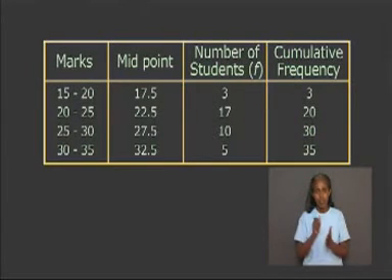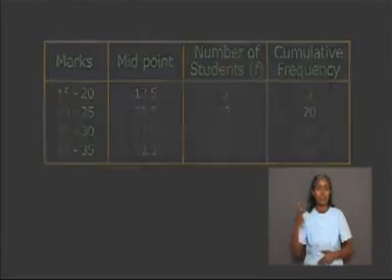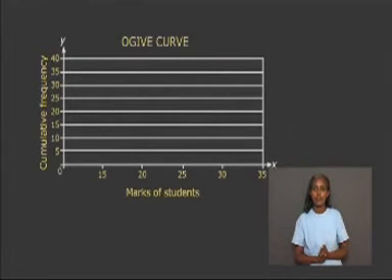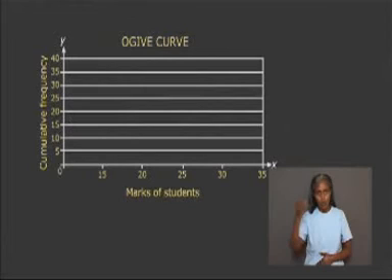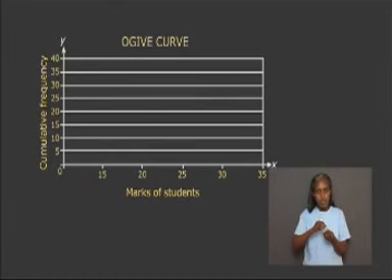For instance, we can now see that there are 30 students whose scores are less than or equal to 30. To draw the ogive for this table, the cumulative frequency is plotted against the upper class boundary rather than the midpoint.